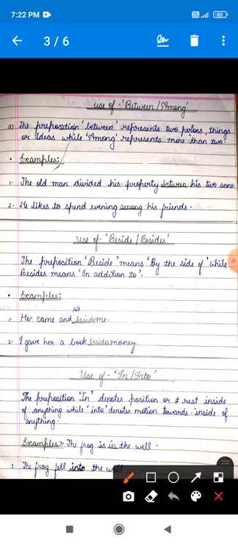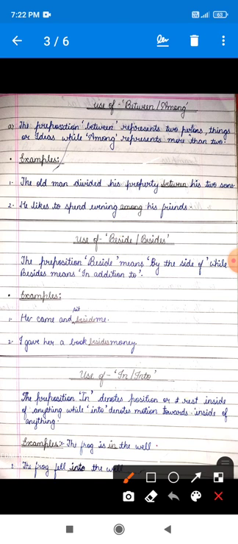So here we get the sense of in addition to. So that is why we filled here the preposition besides. Okay, dear. So I hope you have got my point. I hope you have understood the difference between beside and besides.